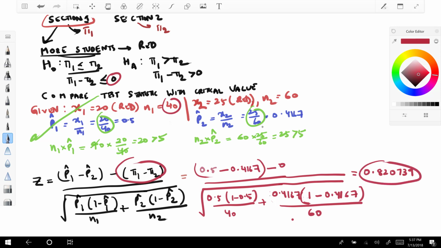So the next thing is we need to calculate the critical value. We need to see whether it's a one-tailed test or a two-tailed test. Because we have a less than or equal to, it should be a one-tailed test. So we will have z alpha.